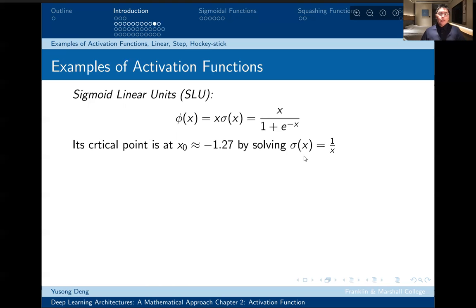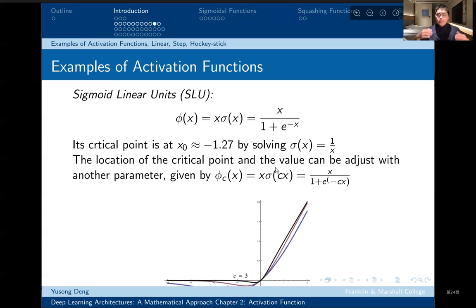And the location of the critical point can be adjusted with another parameter c, that phi_c(x) equals x times sigma(cx), which, I apologize, this part of negative cx should all be to the power of e altogether.